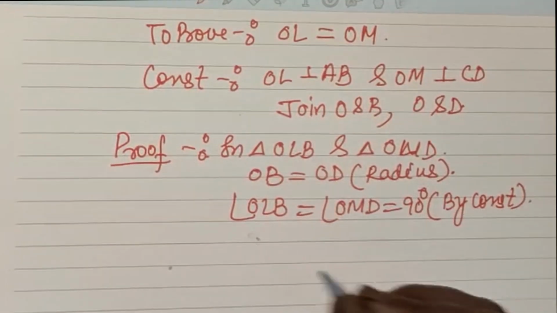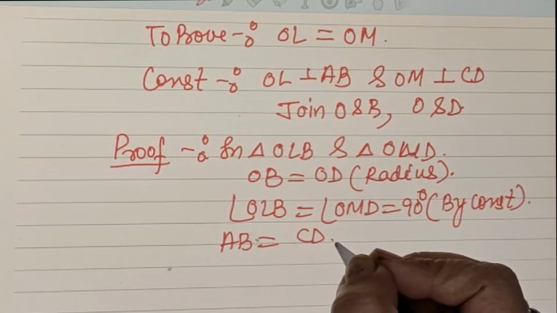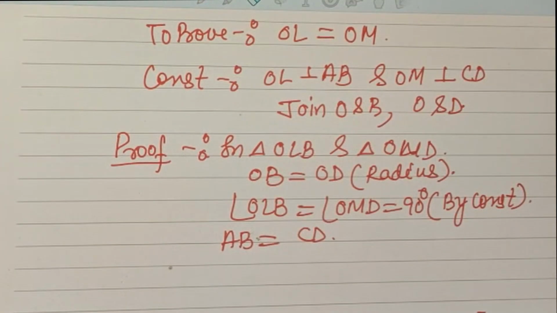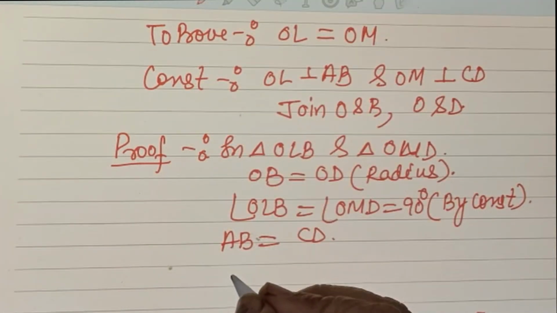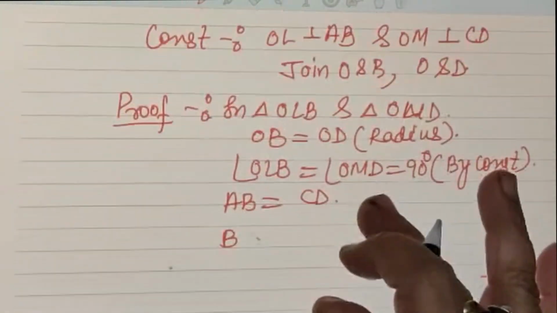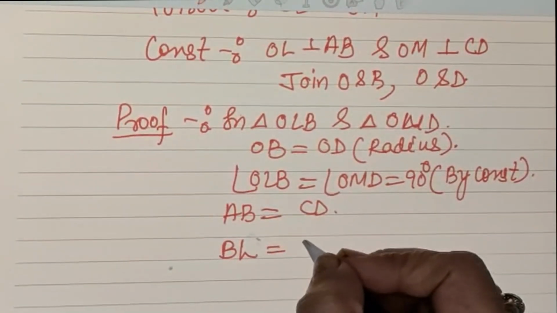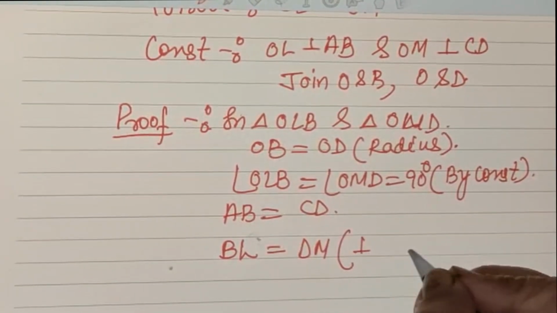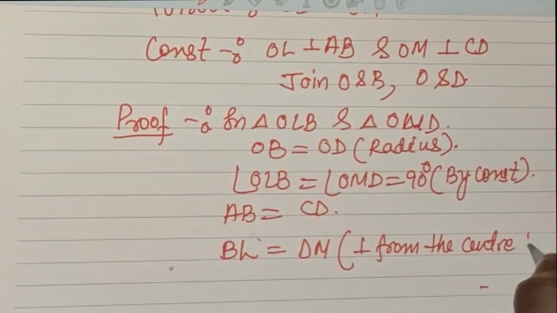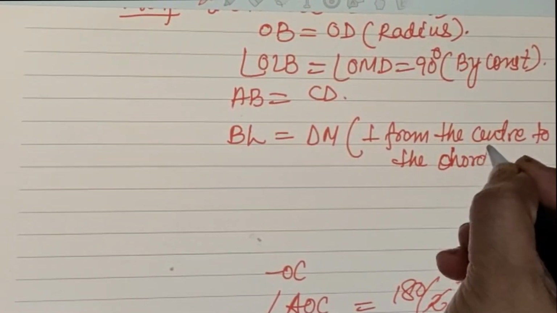Correct? Then next thing: we know that AB and CD are equal and I put a perpendicular on them. That means, as we did in the theorem, the perpendicular from the center to the chord bisects the chord. That means I can write BL is equal to DM. Reason: perpendicular from the center to the chord bisects the chord.